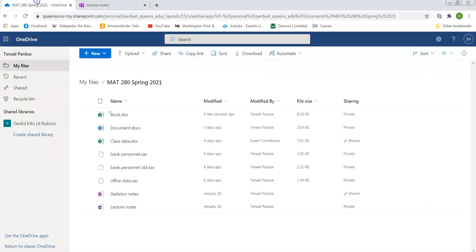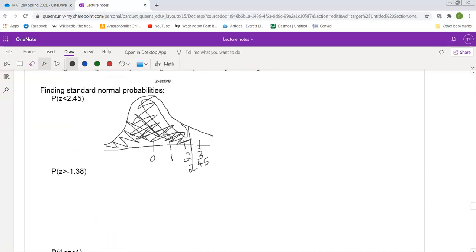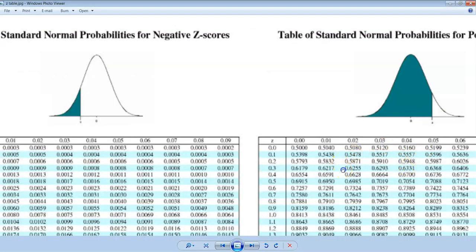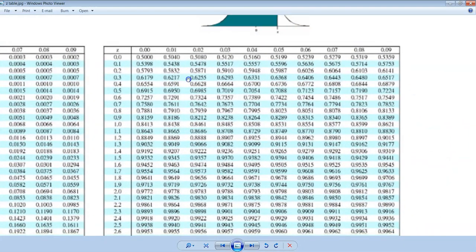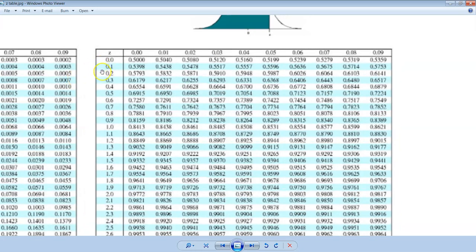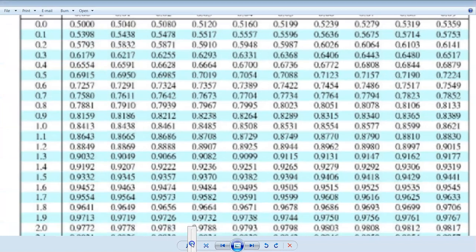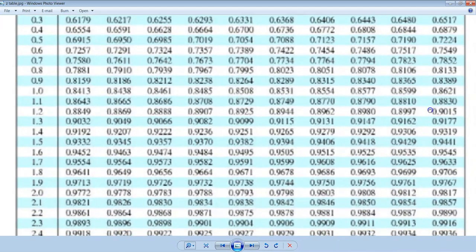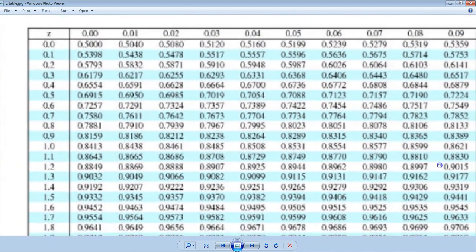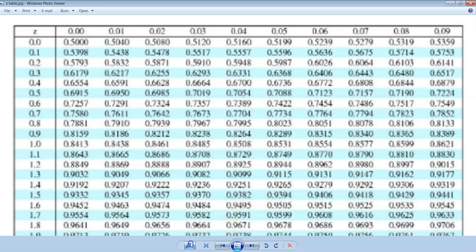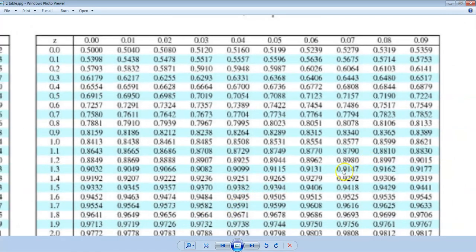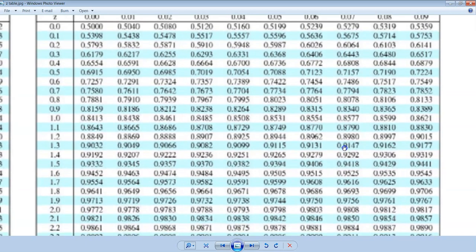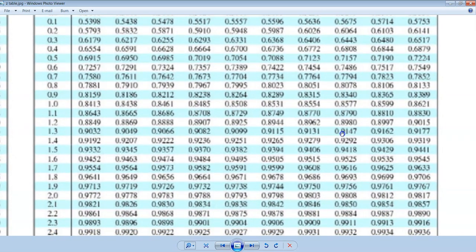So if I look up 2.45 on the table, here is 2.4, and I'm going to make this just a little bit bigger. So 2.45.